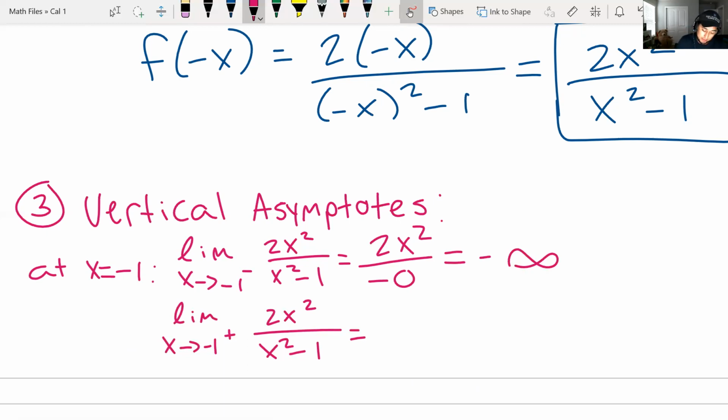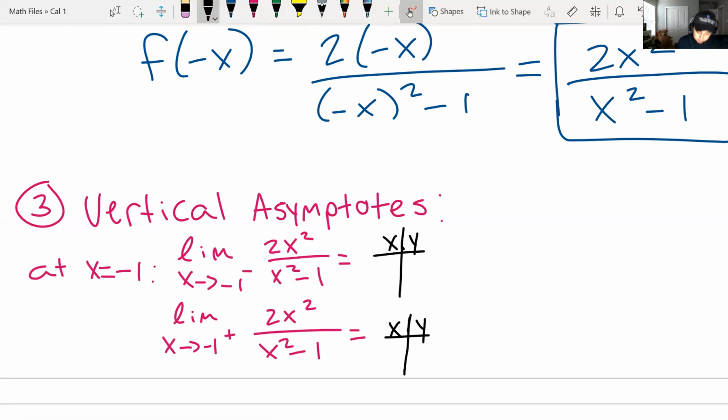But if you don't like that trick, then yes, let's make an XY chart for these. I'll make an XY chart for this limit, and the same thing down here.